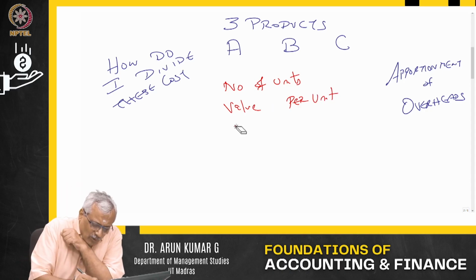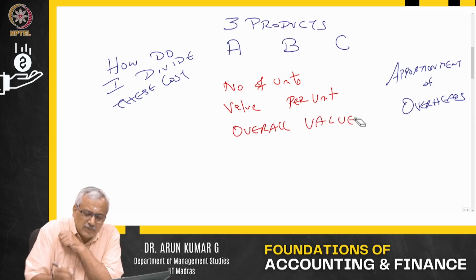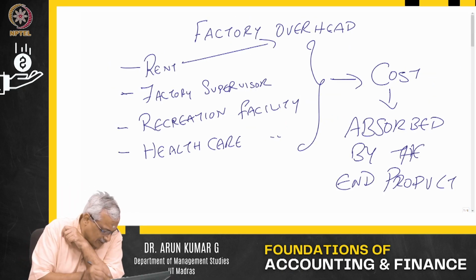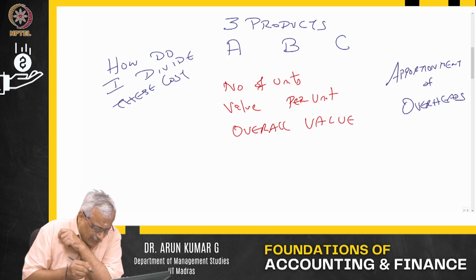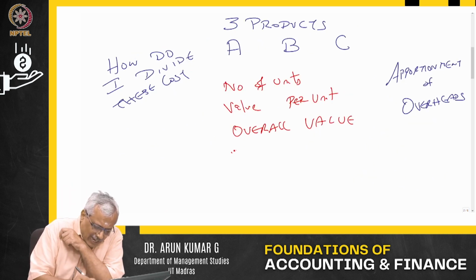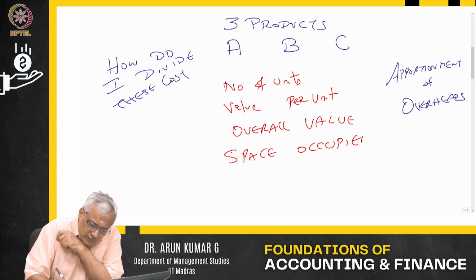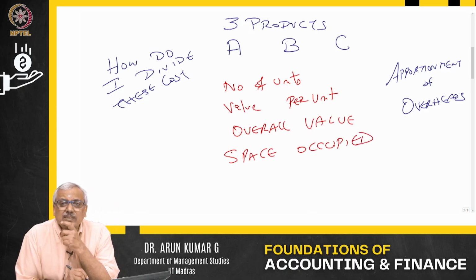Why can't it be overall value? Now, in this particular case, if I say rent, why should it be value? Why can't it be as per the space occupied by each of the products?